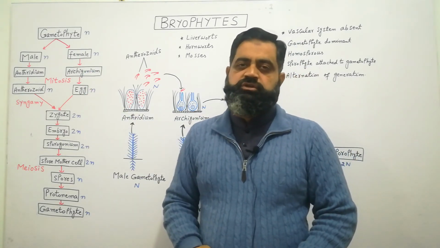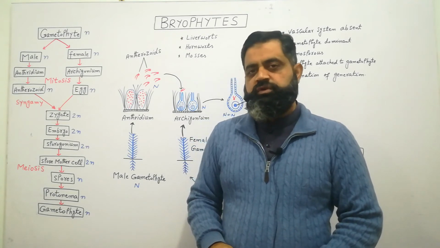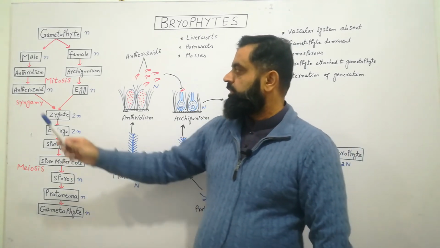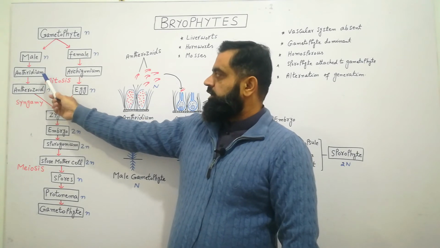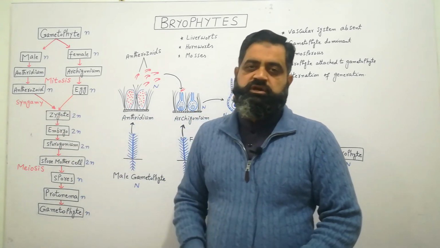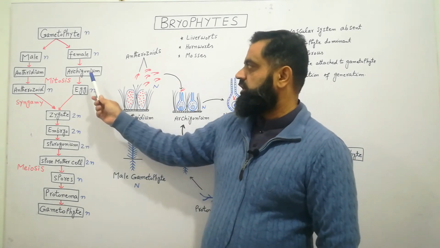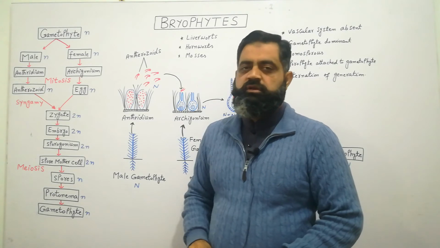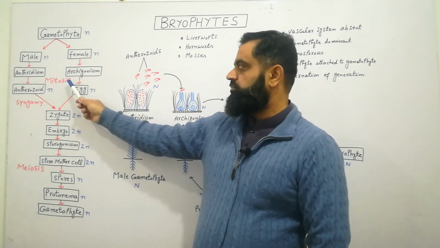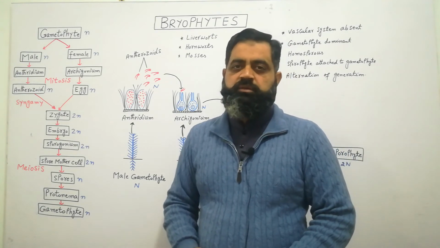Antheridium and archegonium are reproductive organs of the male and female gametophyte respectively. In the antheridium, with the help of mitosis, antherozoids are produced, which are male gametes or sperms, while the archegonium, or female reproductive organ, with the help of mitosis produces the egg. It is a female reproductive gamete.